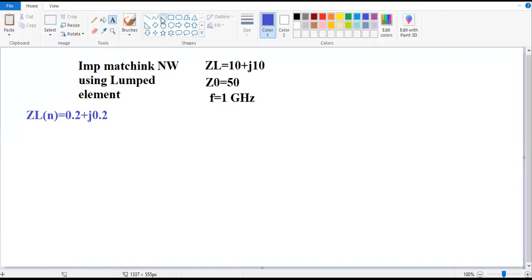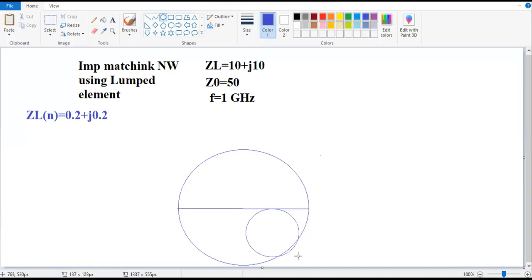This is your normal Smith chart, and this is the horizontal line, and you will have the impedance chart. The impedance chart is your 1 plus jx circle, and the concentric circles will be there.